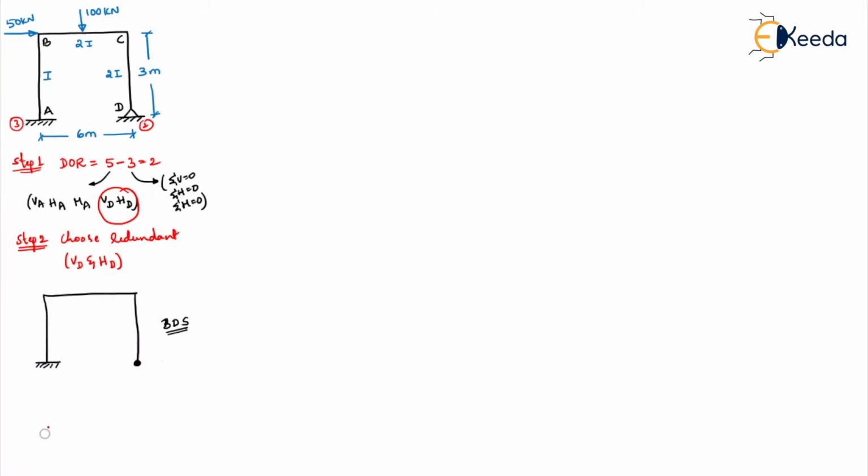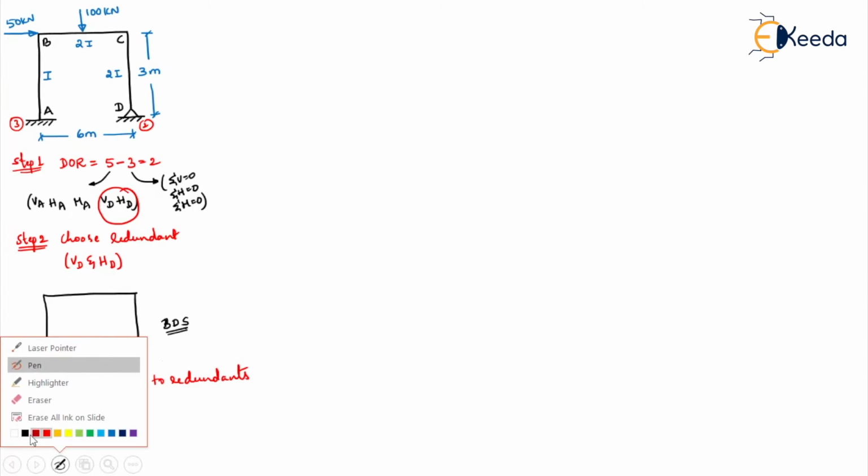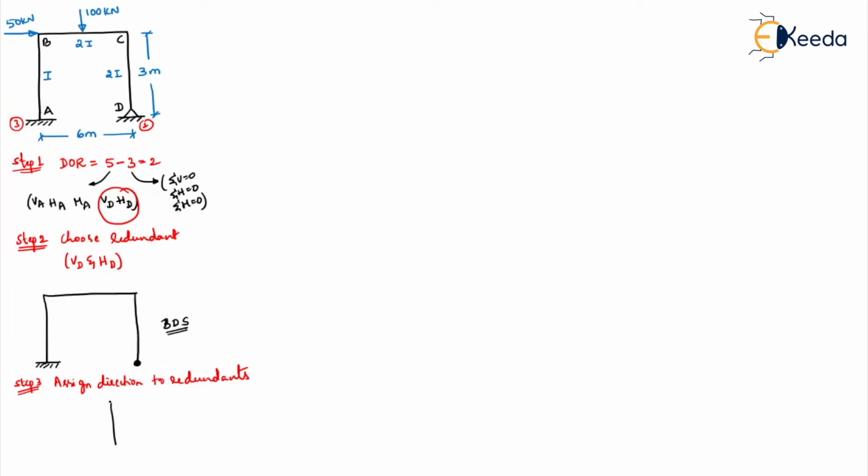So once your basic determinate structure is known, what you have to do is to assign the direction to your redundants. So how will it be? So a small diagram.